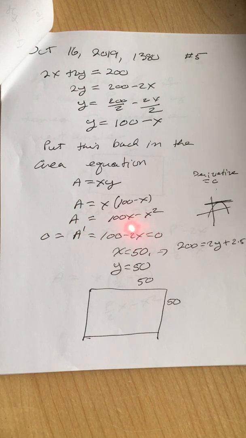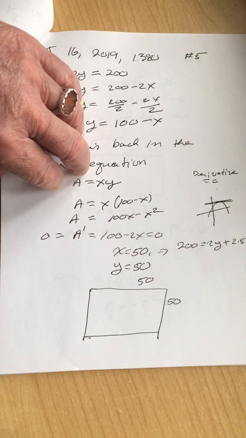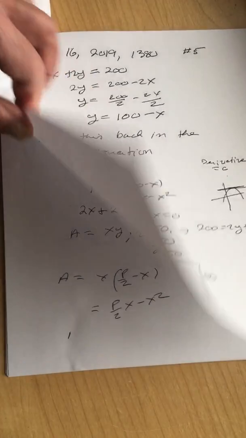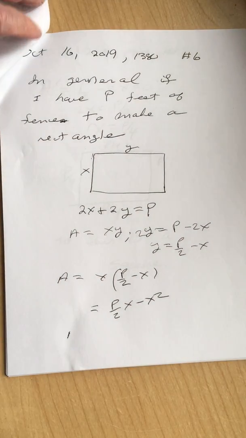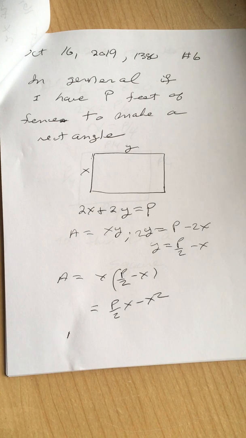If I do that, I get 2x equals 100, x equals 50. When I put 50 back in this equation and play with it, I get y equals 50. So I had a 50 by 50 pen.